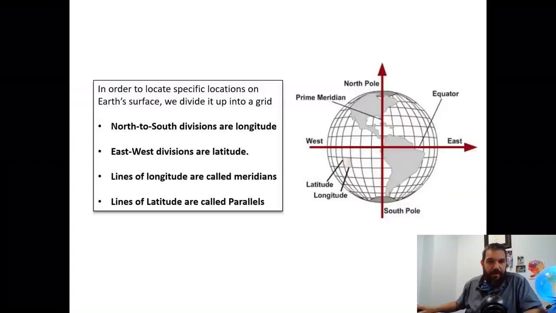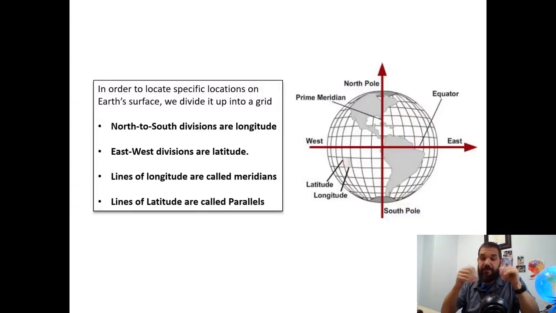Of course, the Earth is a sphere, roughly a sphere. But how do we do that? Well, we use latitude and longitude to make that nice grid so that we can point out a very exact place where we're referring to on the surface of the Earth. So in order to locate very specific locations on Earth's surface, that's why we divide everything up to a grid.